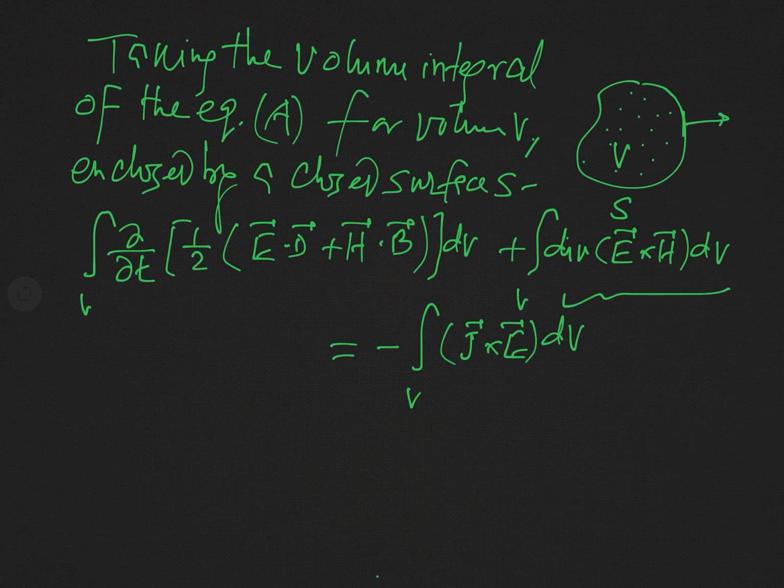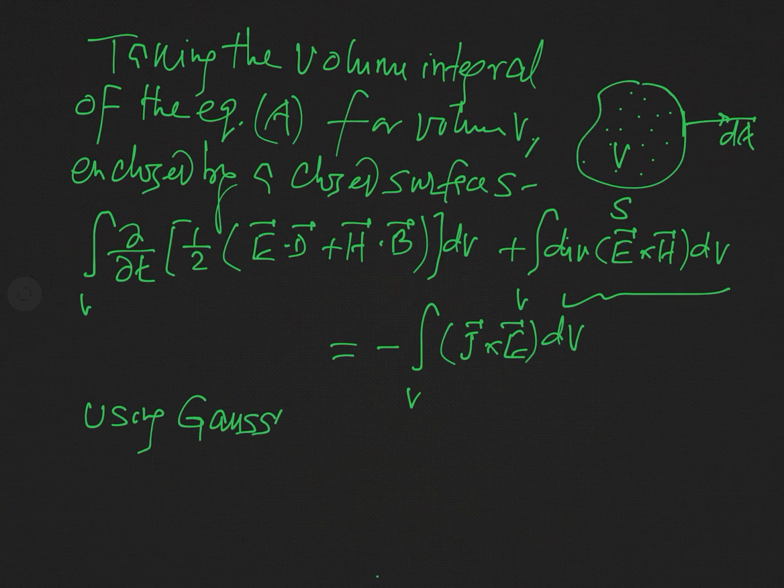So if we consider that there is an elementary area dA at the surface S, what does Gauss's theorem state? Gauss's theorem states that the volume integral of divergence of a vector field is equal to normal surface integral of that vector field over the closed surface which encloses the volume V.